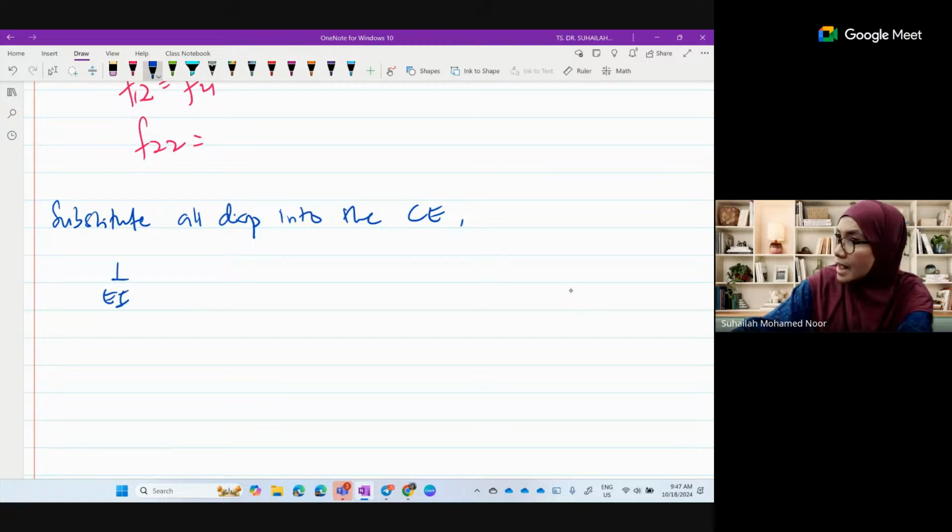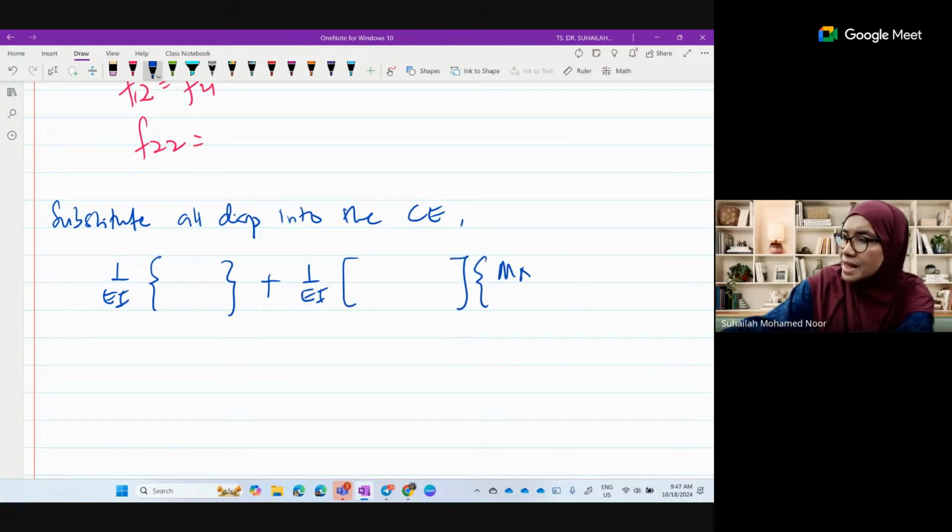Jangan tinggalkan EI ya, mesti letak sekali dengan EI. Sebab displacement kan kecil, after divide by EI baru dia besar kan. So bila tulis compatibility equation, don't forget to put EI. Solving nanti akan cancel EI. Tapi bila write the compatibility equation, we have to write in terms of EI.